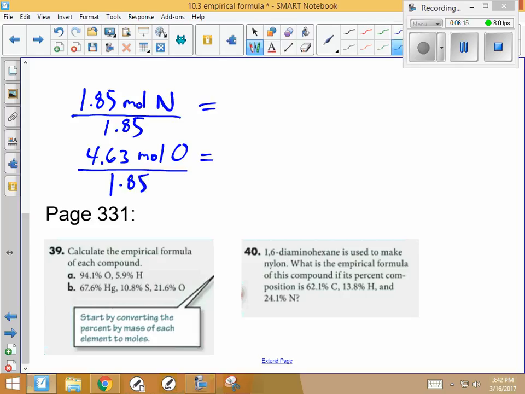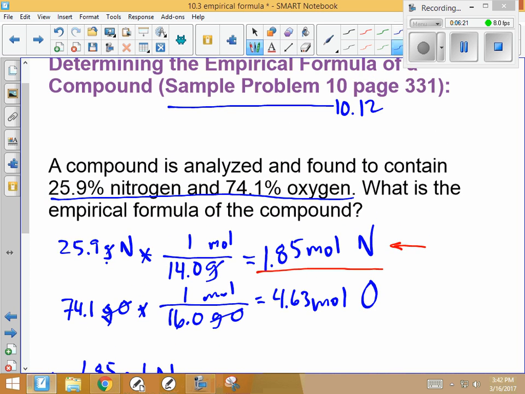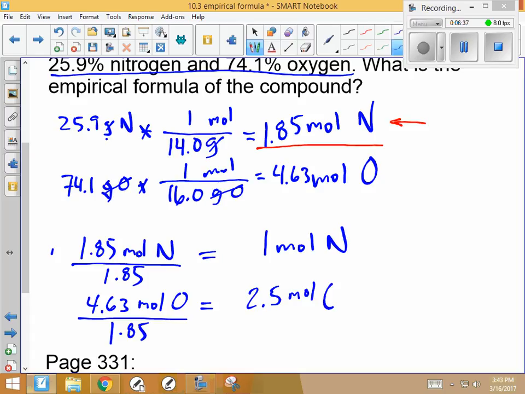And now we're going to get some whole number ratios. When we divide 1.85 moles of nitrogen by 1.85, we get 1 mole of nitrogen. When we do the same for oxygen, we get 2.5 moles of oxygen.